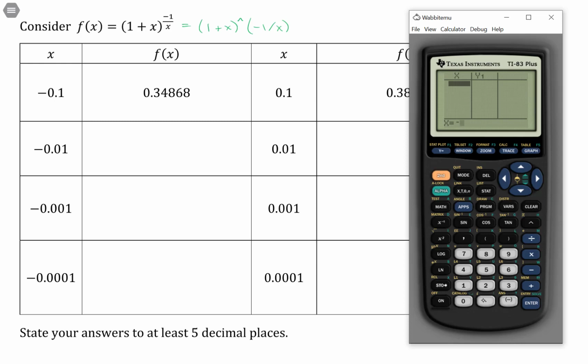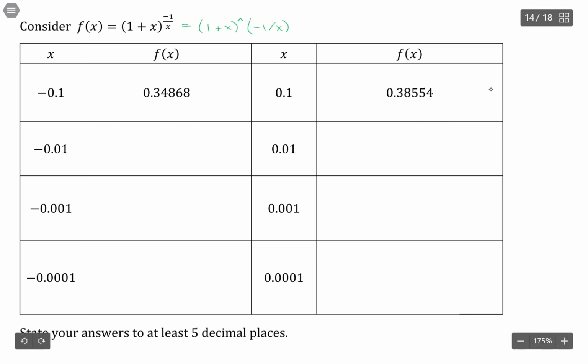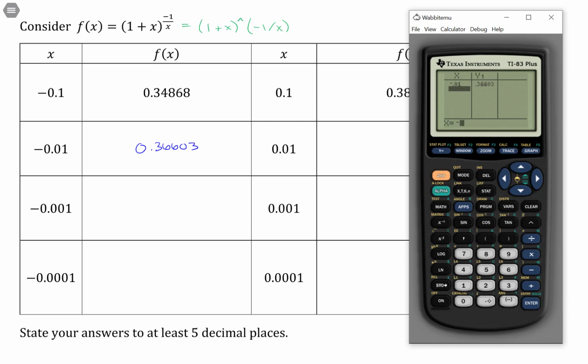You can type in any values you want and evaluate your function there. So if you want to evaluate that crazy looking function at negative 0.01, that's fine. We get 0.36603. And then if we do it at negative 0.001, it's 0.3677, although it says to do this to 5 decimals, so 0.36770.